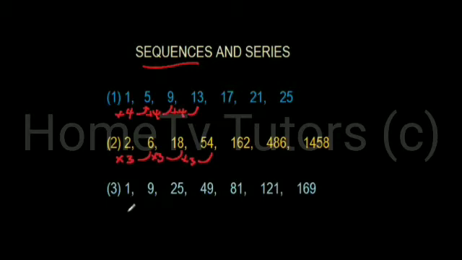It has to do with squares. The rule is the square of consecutive odd numbers. 1 is an odd number, the next odd number squared is 9, the next odd number squared is 25, the next one after 25 is 49, and so forth.